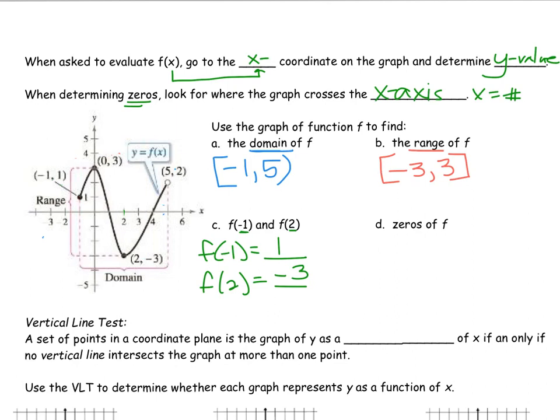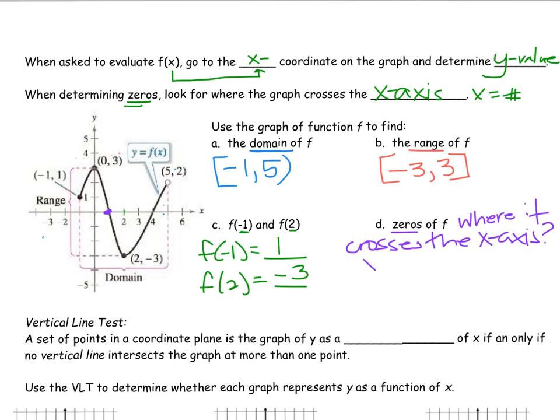To find the zeros of the function, a zero is where it crosses the x-axis. So let's just add that in again, where it crosses the x-axis. Are there any zeros for this graph? I see a couple. From left to right, I see it crosses the x-axis right here when x equals 1.